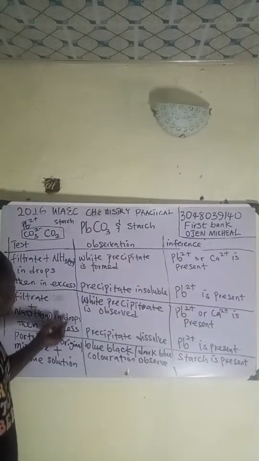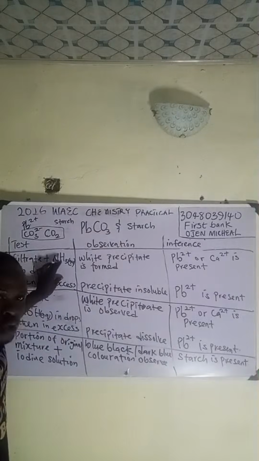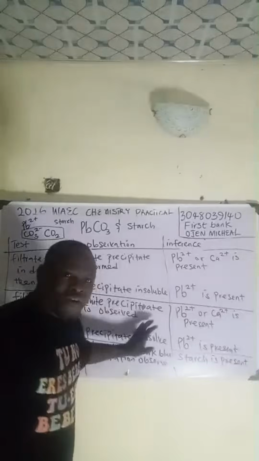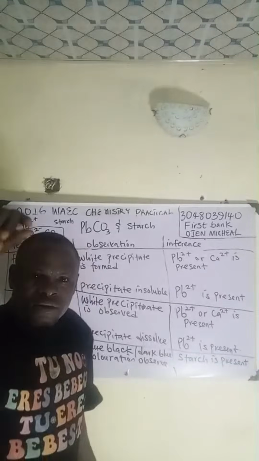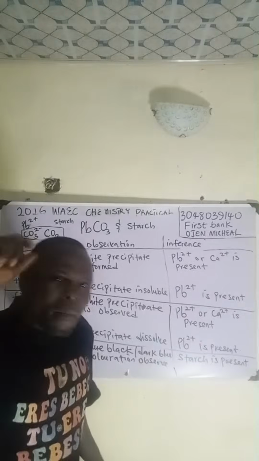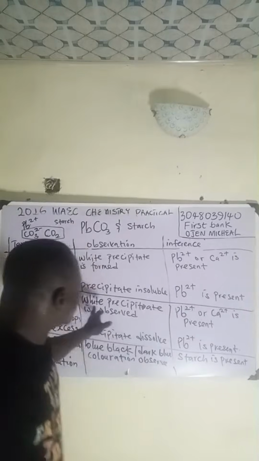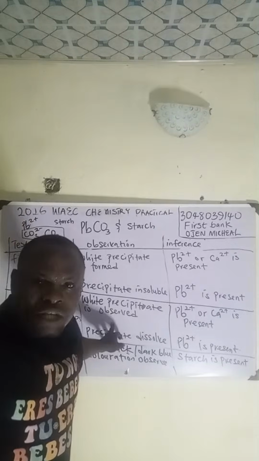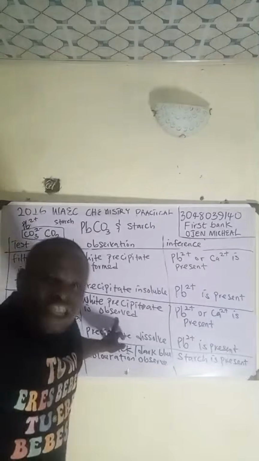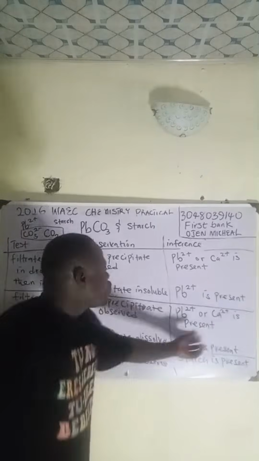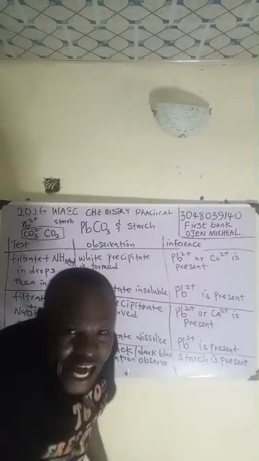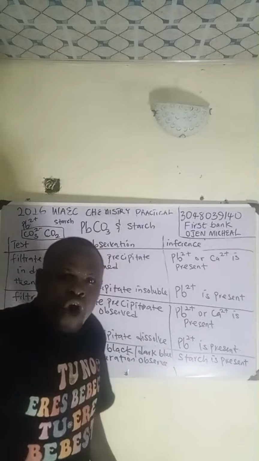In your test, if you are asked to add potassium iodide to this one or to this one, what you are going to see in your observation is a bright yellow precipitate. This one is what? White precipitate. The other one, if you add potassium iodide, you are going to see a bright yellow precipitate. And in your inference, you are going to say lead 2 ion confirmed.